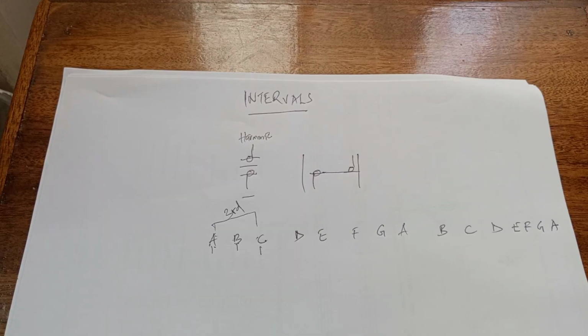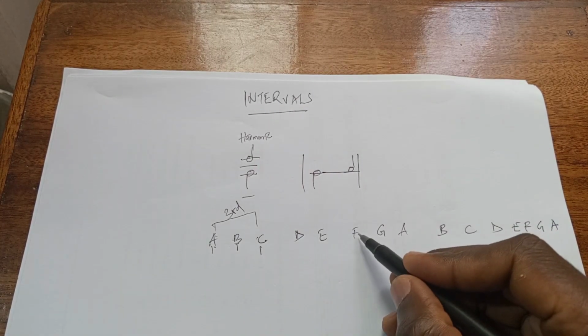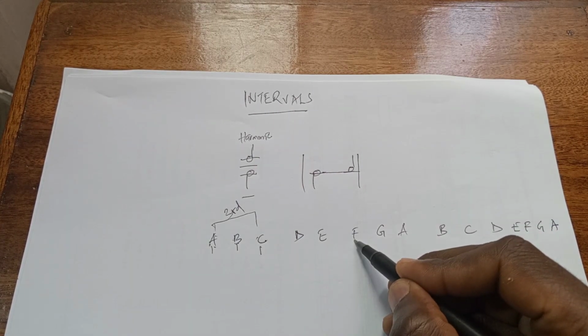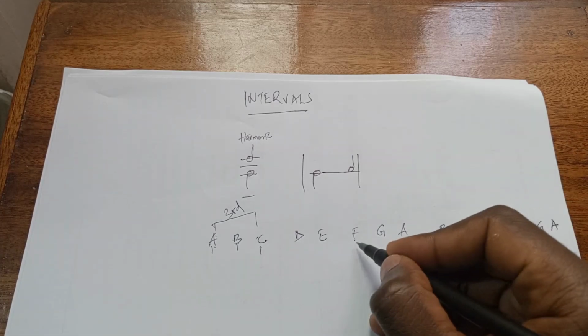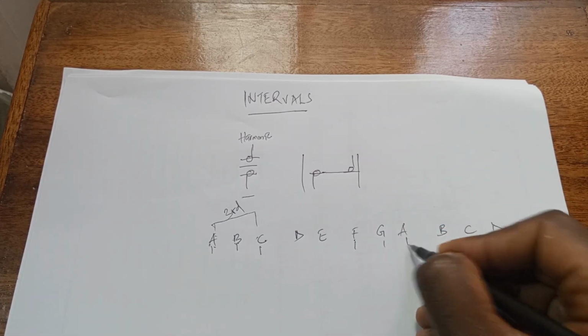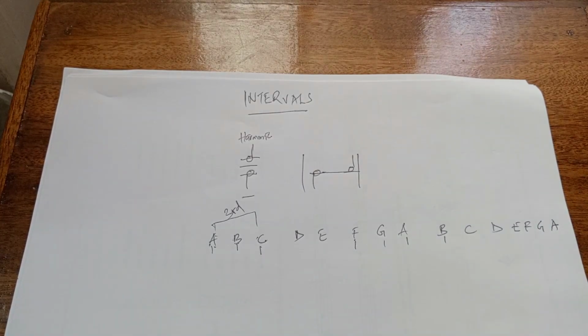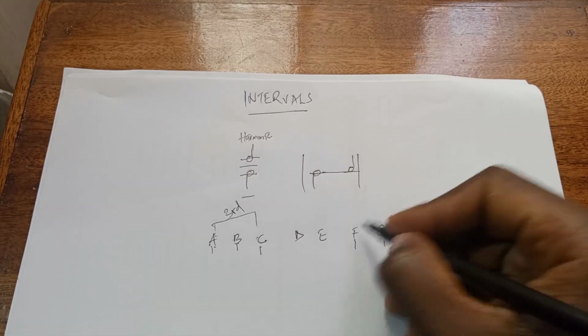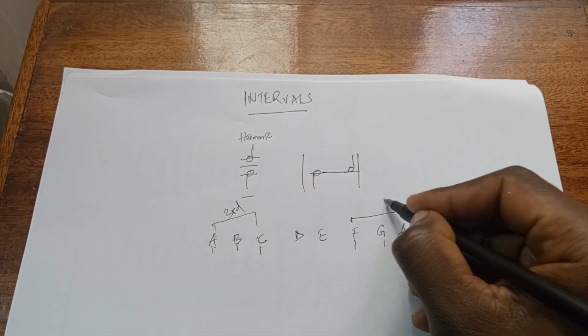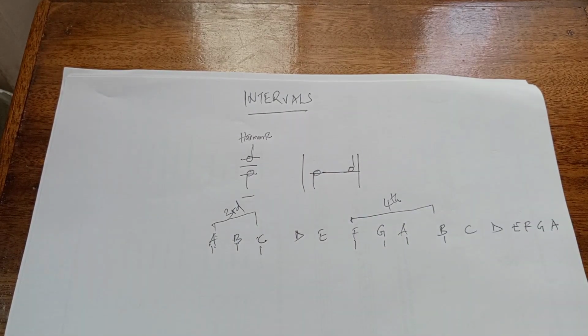Another example is F to B. We have F, G, A, B. How many letters are there? They are 4. F, G, A, B. 4 letters. So from F to B is going to be a fourth.